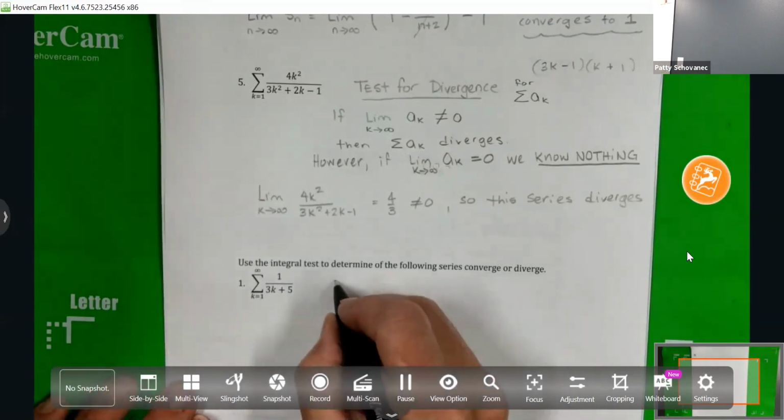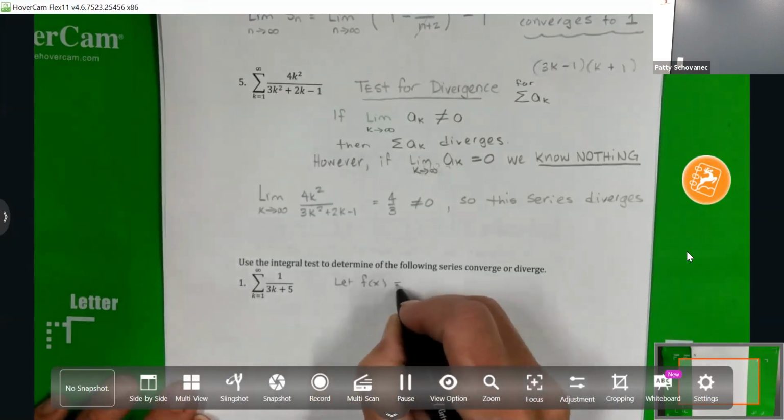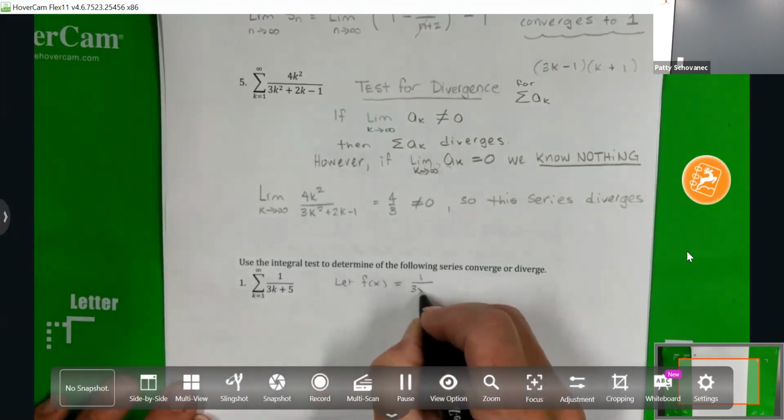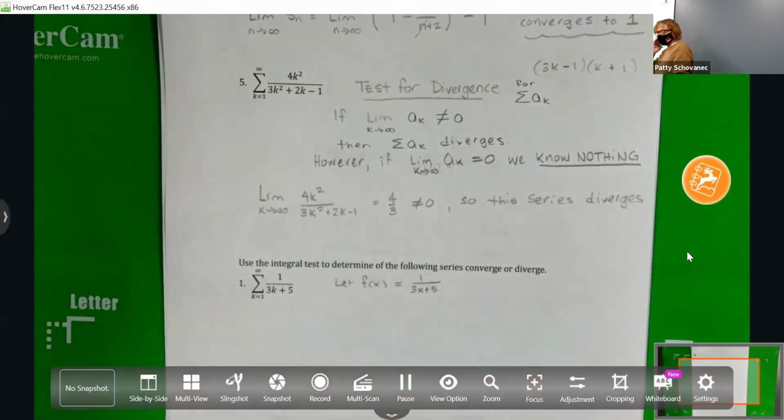So let f of x be 1 over 3x plus 5. And that's continuous on 1 to infinity. The only discontinuity occurs at x equals -5/3, and that's not in the realm from 1 to infinity. So I know f is continuous.